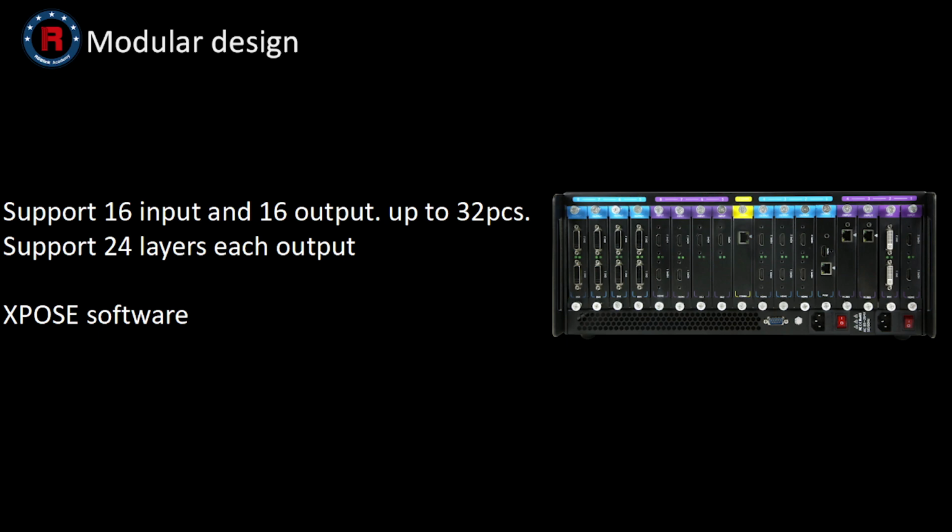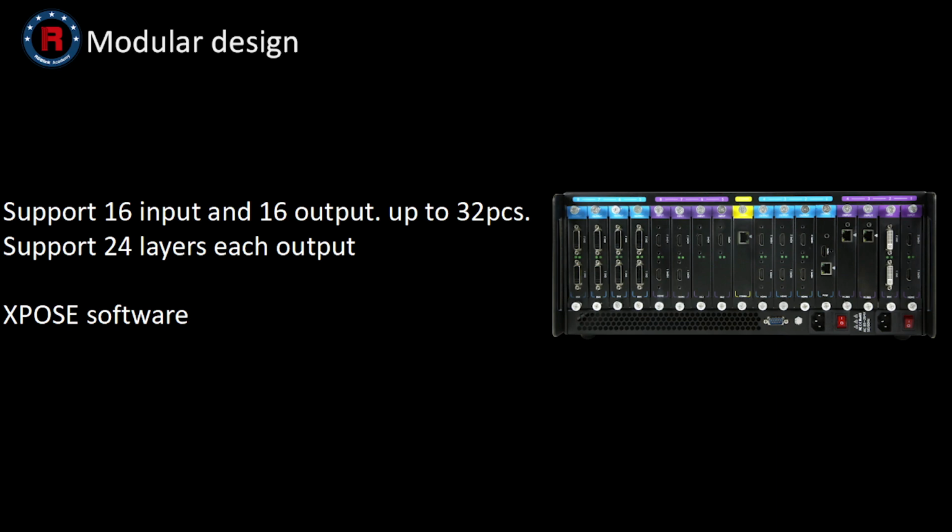And no matter if it's 2K or 4K input signals, both of them can be supported. And it's 24 layers each output on the Q16. Also, it's very easy to learn the export software to control the Q16 device.